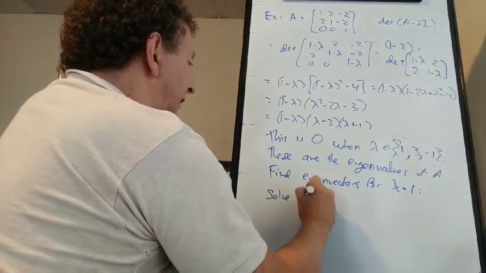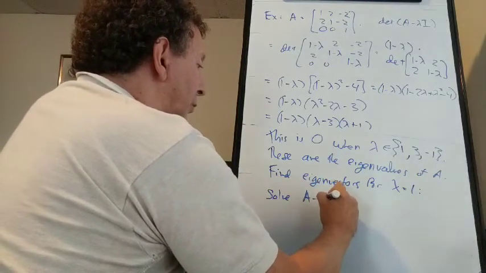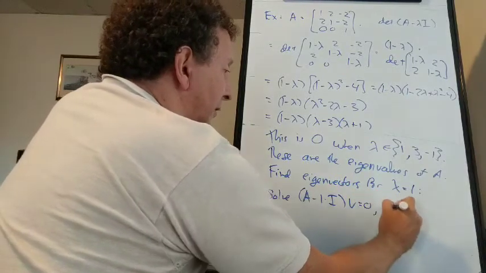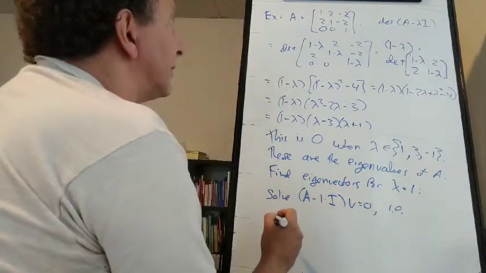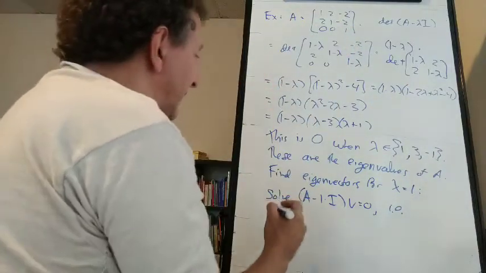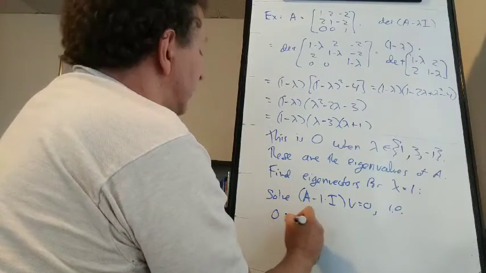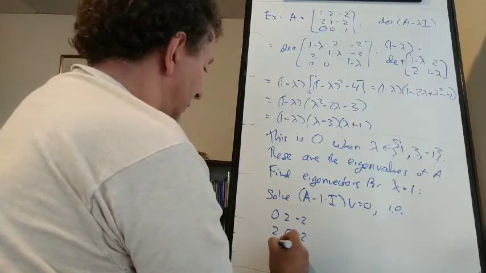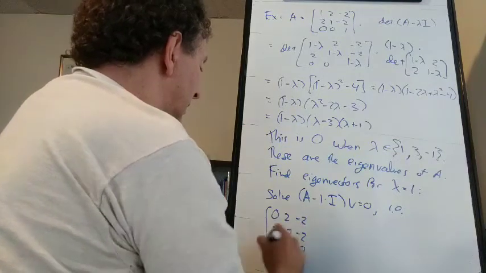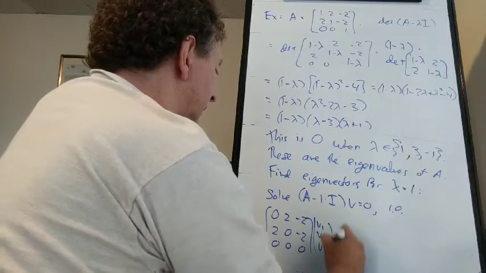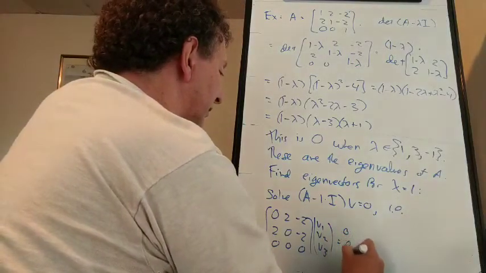So we'll solve A minus 1 times the identity, V equals 0, which is, so we'll just subtract 1 from the diagonal, so we get zeros on the diagonal. 0, 2, negative 2, 2, 0, negative 2, 0, 0, 0, times V1, V2, V3 equals 0, 0, 0.